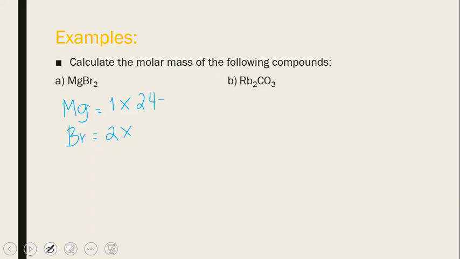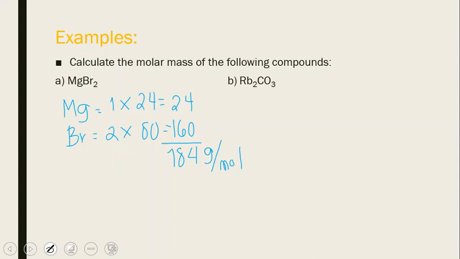This is 24 times 1 is 24. Bromine is 79.9, means 80, times 2, 160. And if we add this, the units are grams per mole.